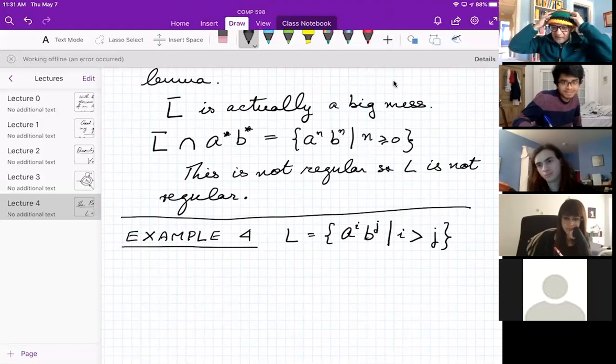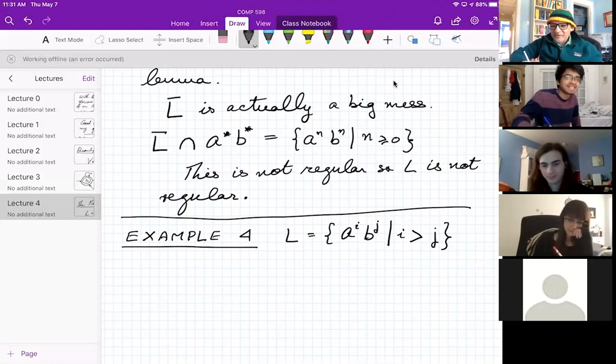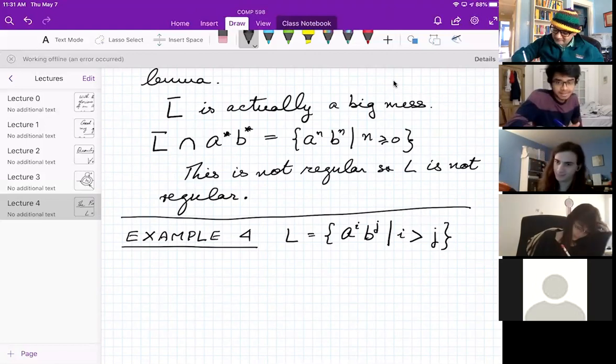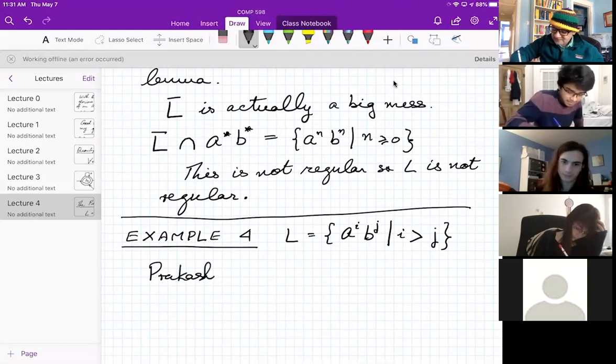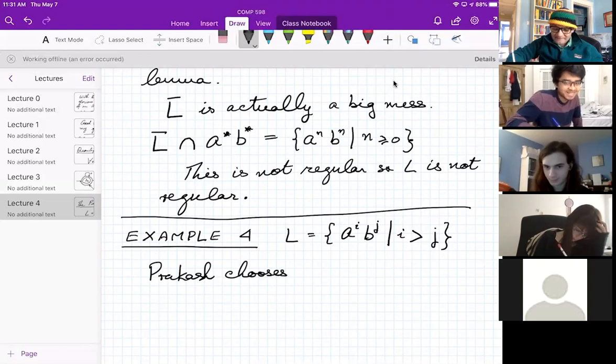I'm hiding my horns under this hat. I want you to tell me the moves to make. Okay, so somebody tell me what should W be?